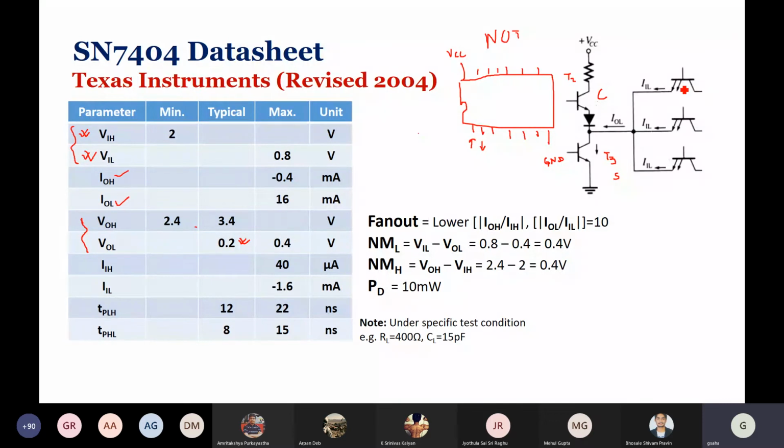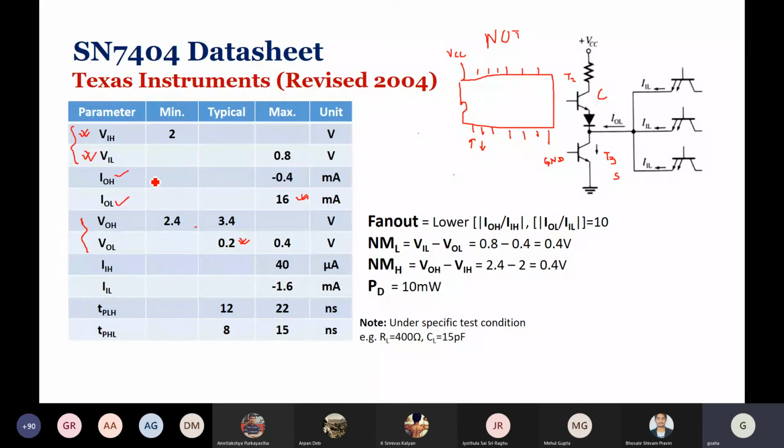This is the T1 of a TTL, which we have seen before, the first level transistor, which when the output is low is in saturation, sending current in this direction. So this is the amount of current it can handle, 16 milliampere, the maximum current it can handle. So this is the point we note.